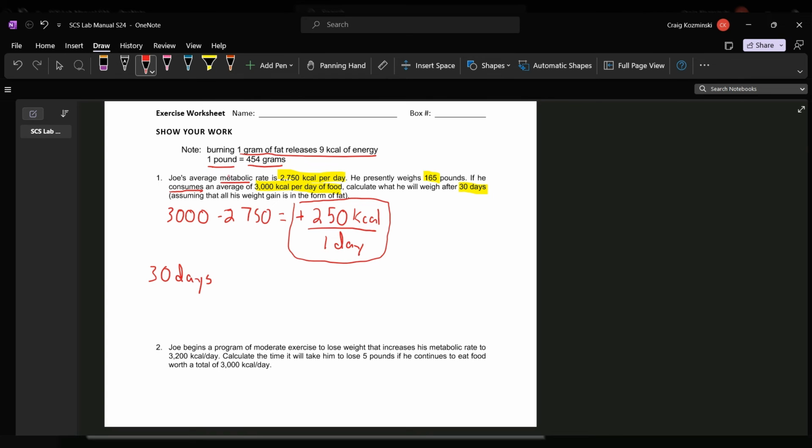And so, what you can convert essentially is to see how many pounds he will gain over a period of 30 days. And then the final part of this calculation will be to add that to 165.